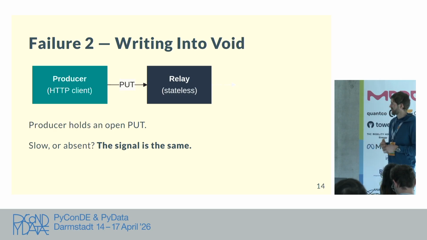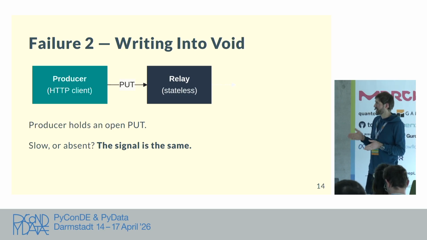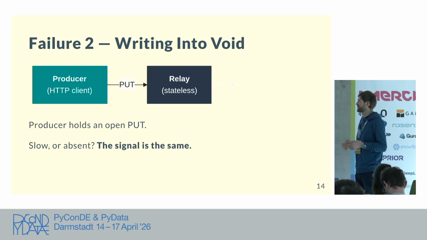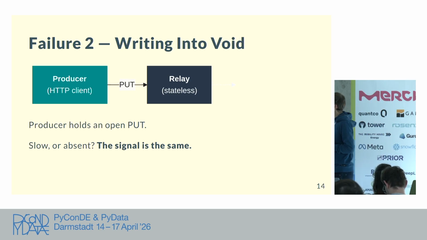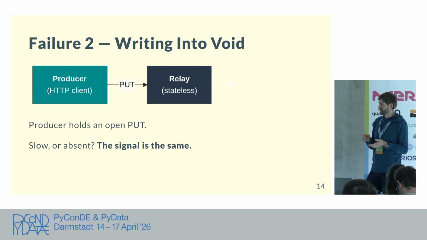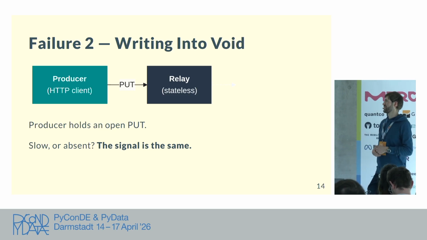When we use pipes, like the shell pipe, there's a mechanism called back pressure. That means the producer stops writing because the relay says there's no buffer. You can't write the data, it just stalls. But the problem with HTTP is that the data is not just on one machine, it's not in the cache of a single pipe provided by the kernel.